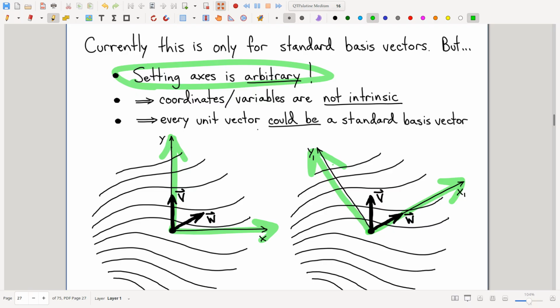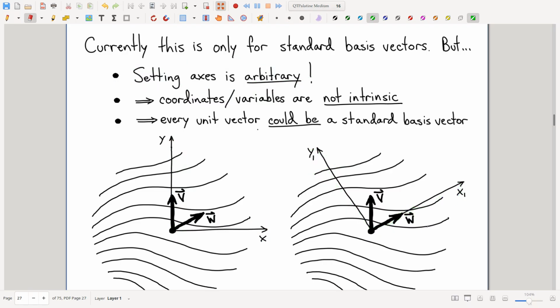And so now I'm going to ask the rhetorical question: is V a standard basis vector, and is W a standard basis vector? Well, if you set your axes like this, then V is a standard basis vector and W is not. But if you set your axes like this, then W is a standard basis vector and V is not.